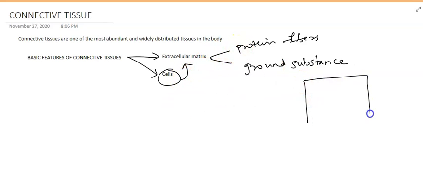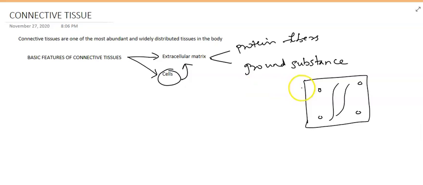If you are seeing a section, you will see the cells widely distributed, and the space is called extracellular matrix. This extracellular matrix has protein fibers.